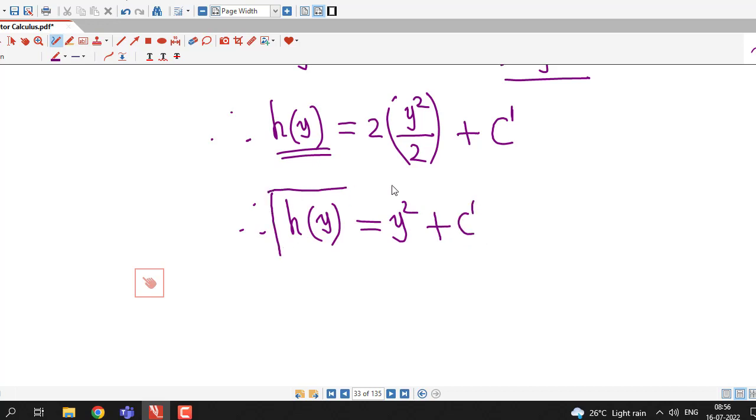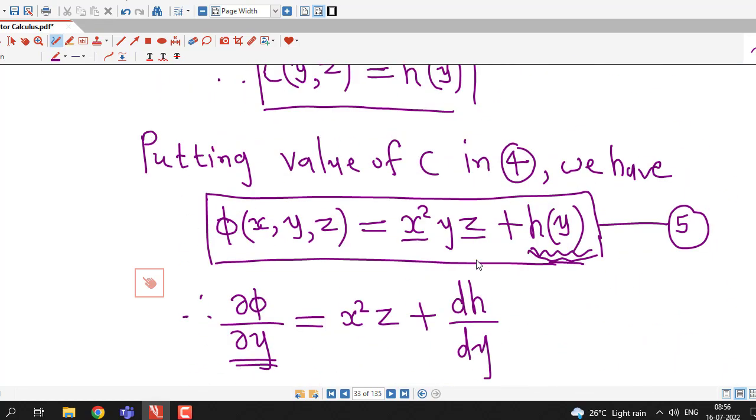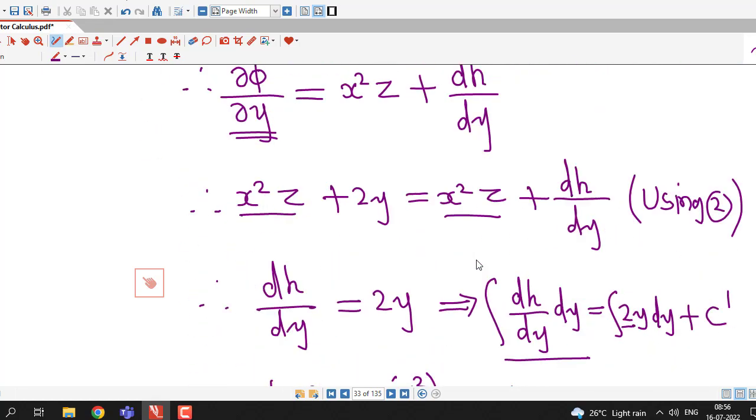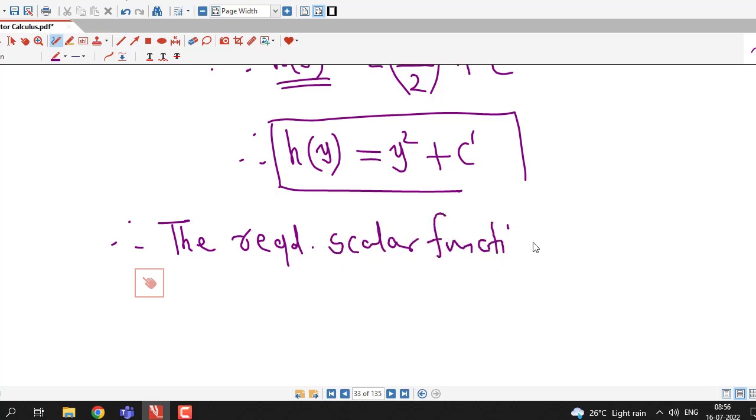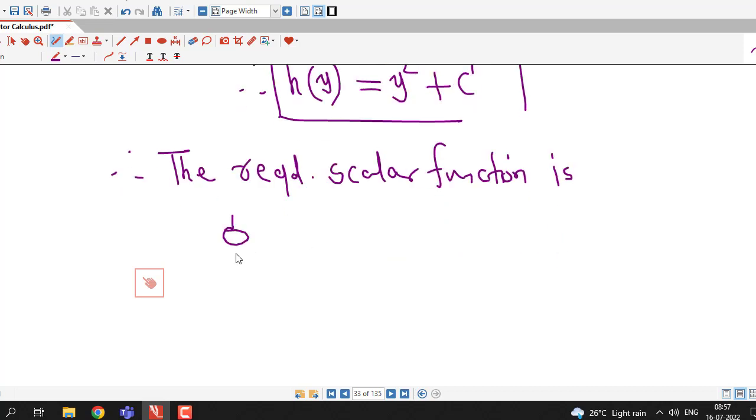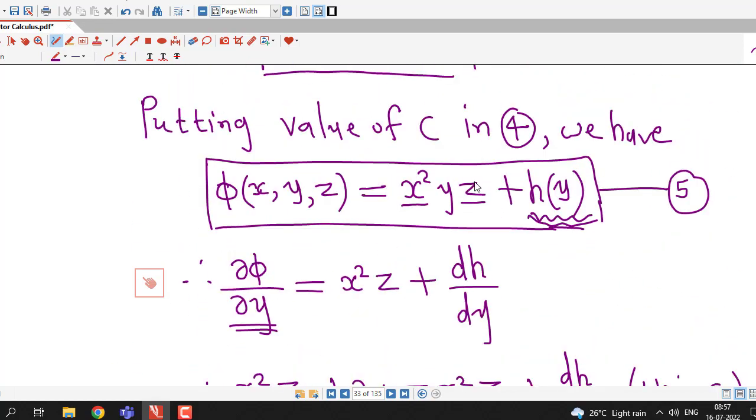So finally we obtain the value of h of y that we substitute in equation number 5, and therefore the required scalar function is phi of xyz equal to, let me check what is phi of xyz.